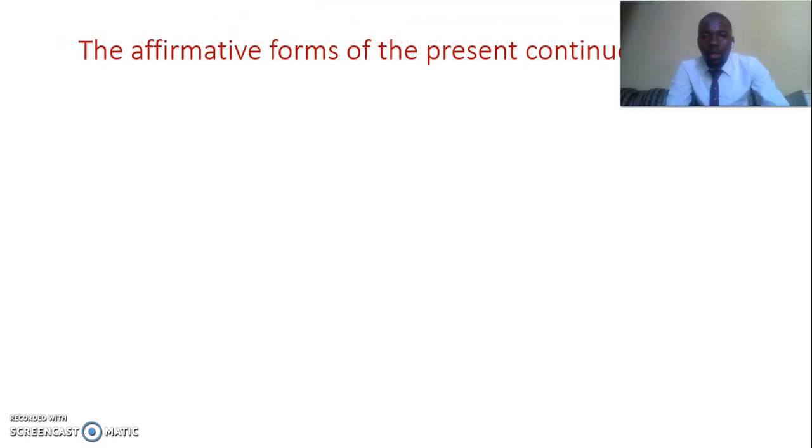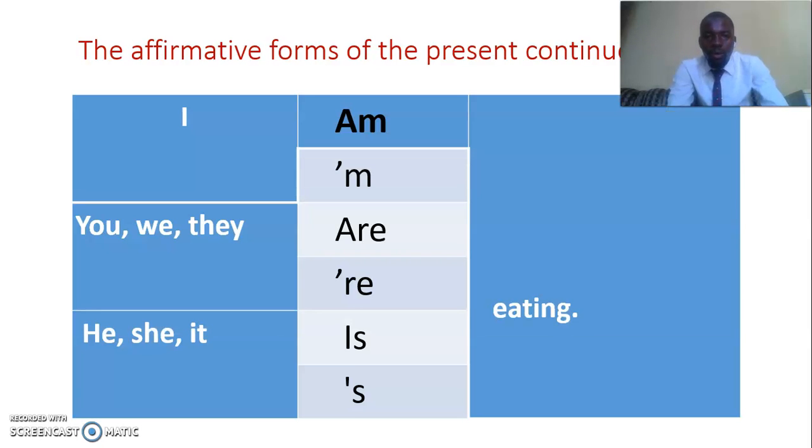Now from there we are going to talk about the different forms. The first form will be the affirmative form. So how is it formed? As I said previously, the subject comes first, I, and the auxiliary to be in the simple present tense, am, because of I, and the verb eat in ing form, eating.